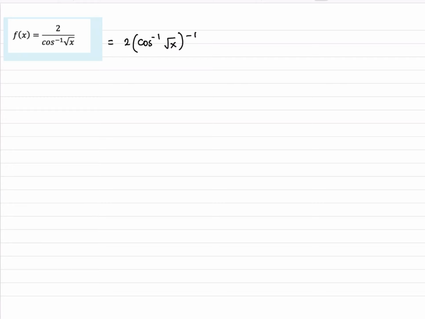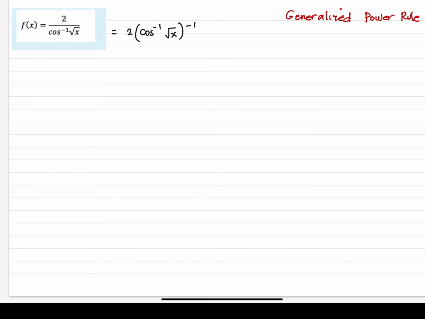And take note that this is of the form u raised to n, which is the generalized power rule, in which our u is arccosine of the square root of x.